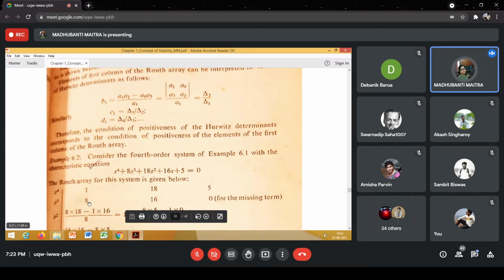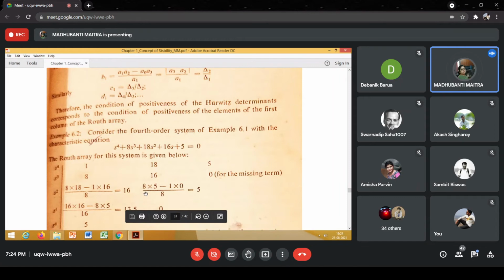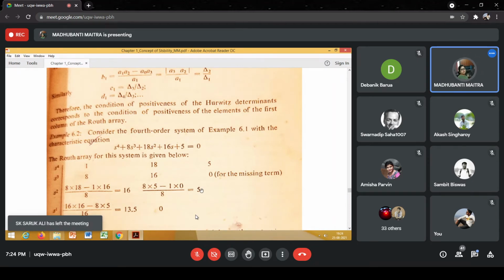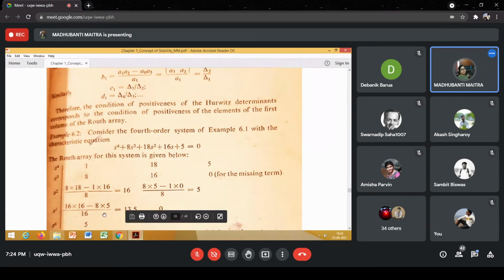And the next term will be (8 into 5 minus 1 into 0) divided by 8. So the elements are 16 and 5. And you see this is a4, for this example. So yes, the s square row contains two terms, and the last term is a4. Okay. Now compute the elements of the next two rows.